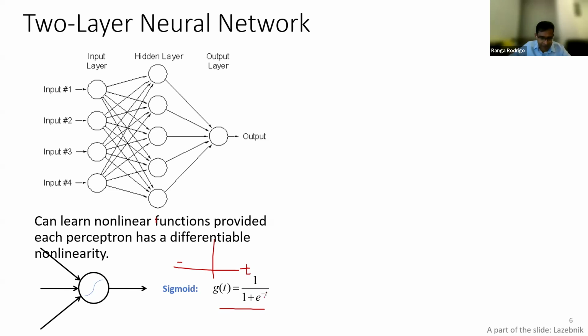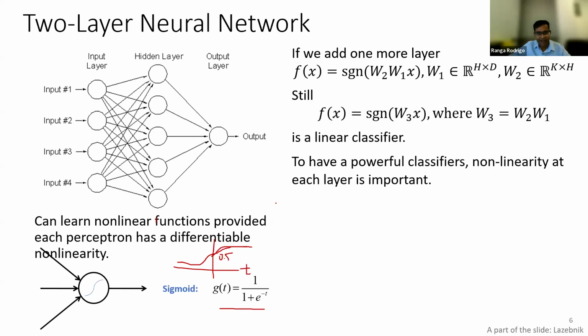When t is positive infinity, e to the power of minus infinity is 0, so 1 divided by 1 is 1. So you can see that function is like that. When t is equal to 0, e to the power of 0 is 1, so 1 divided by 2 is 0.5. That's the sigmoid function. It's not a line, so that's why it's called a nonlinearity.